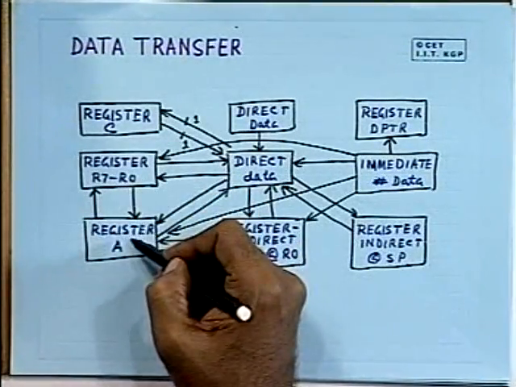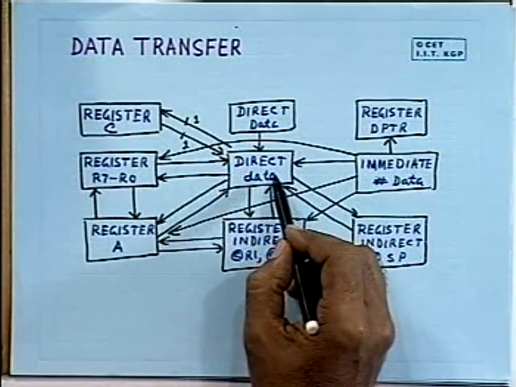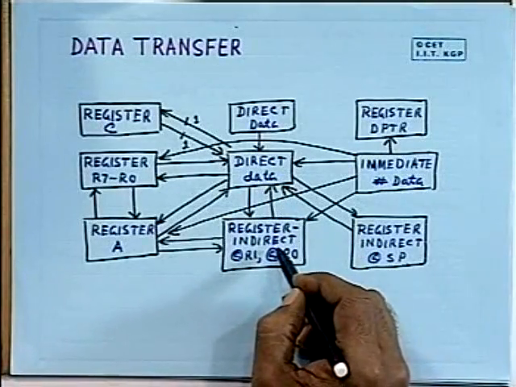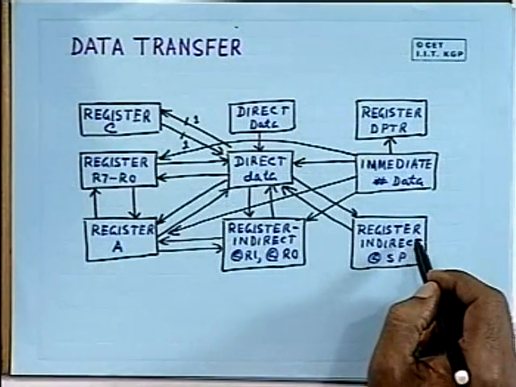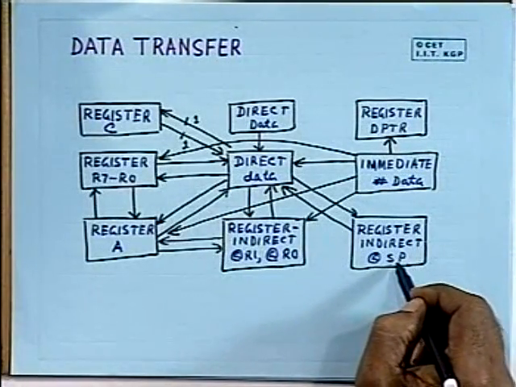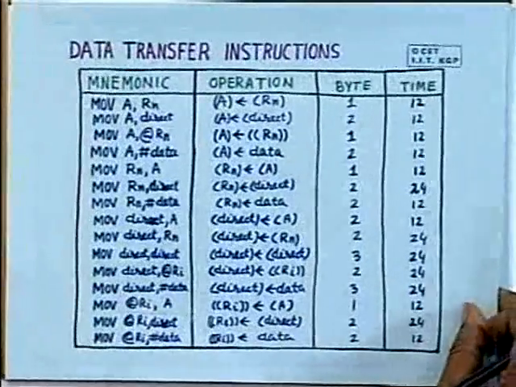It can be bidirectional, or you can transfer data by using direct mode of addressing, register indirect mode of addressing. You can transfer immediate data, and also you can use register indirect addressing using the stack pointer, which are essentially push and pop operations. These instructions are shown here.